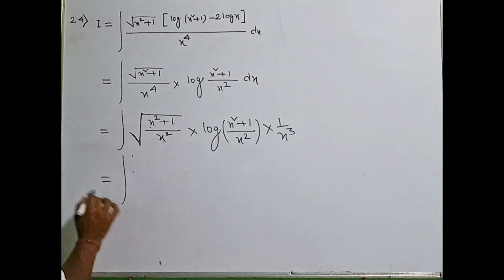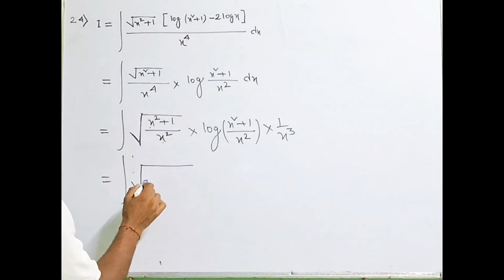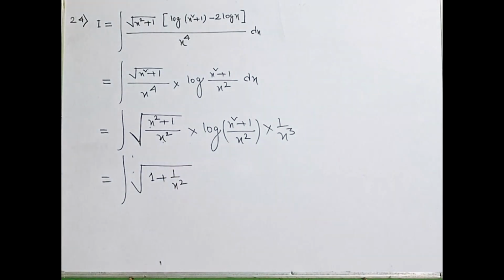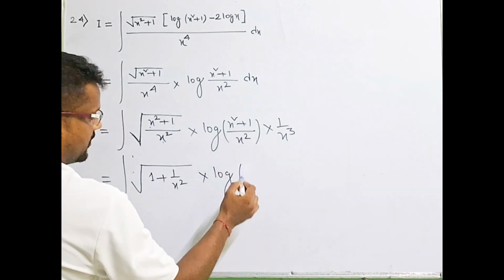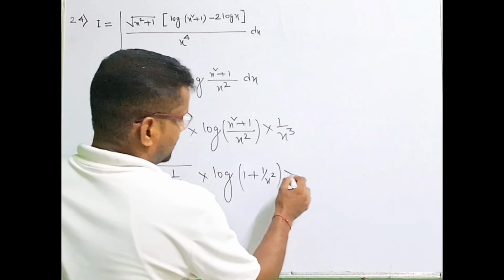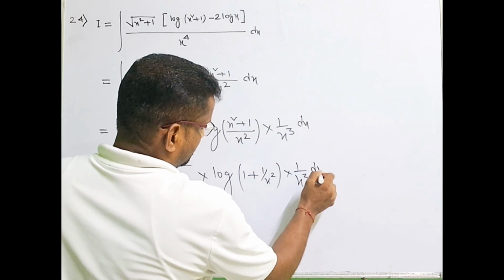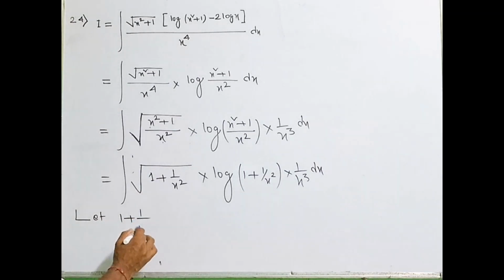Now you see, integration of under root over x square by x, this is 1 plus 1 by x square, into log of, divide term wise, 1 plus 1 by x square, into 1 by x cube dx. Now substitution, let 1 plus 1 by x square equal to t.